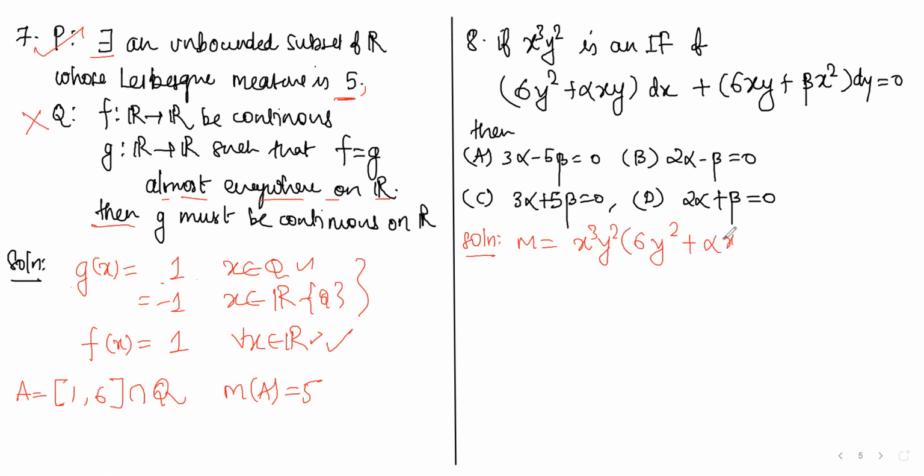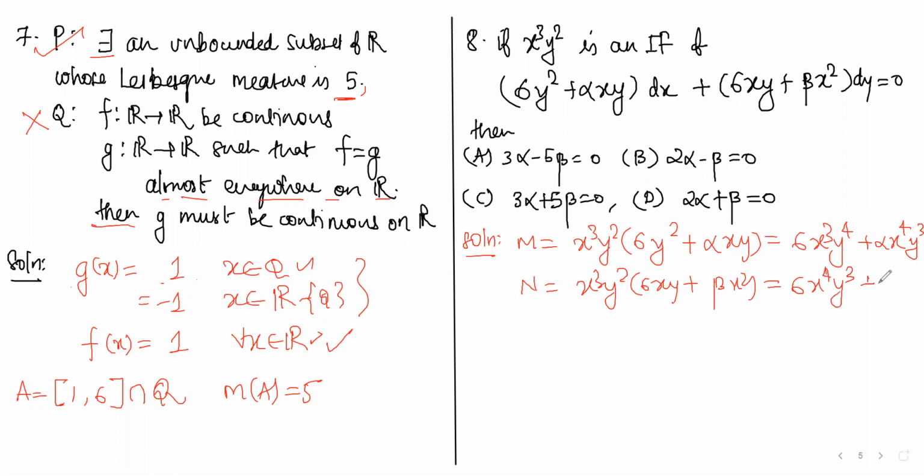M is 6y square plus alpha xy, and N will be 6xy plus beta x square. Multiplying by x cube y square gives 6x cube y4 plus alpha x4 y cube for M, and 6x4 y cube plus beta x power 5 y square for N. I just need to differentiate, because after multiplying with the integrating factor, this has to be exact.